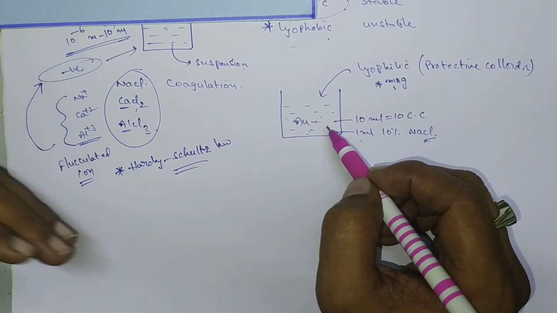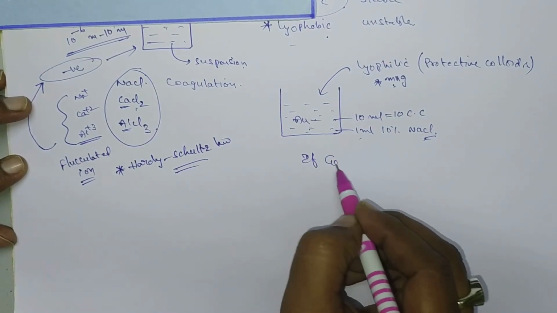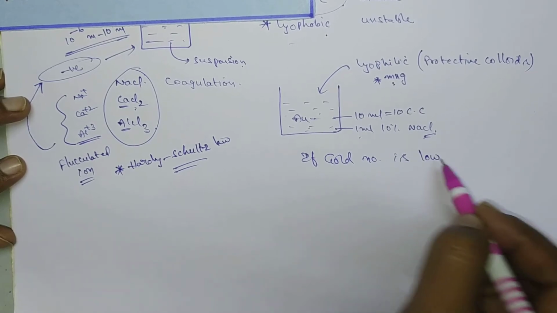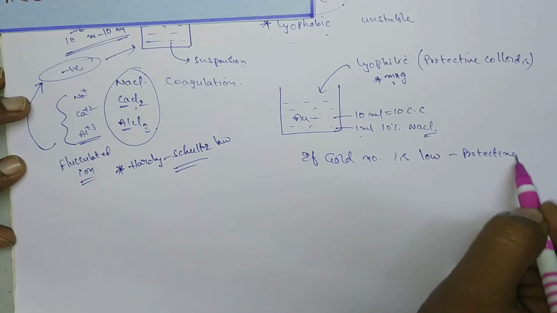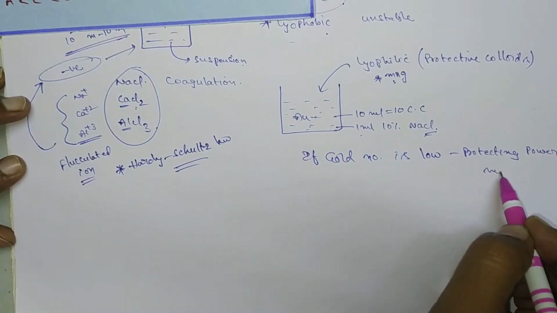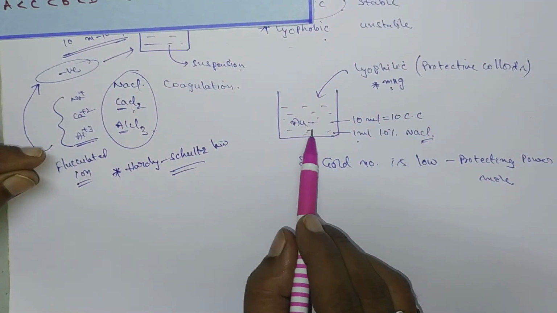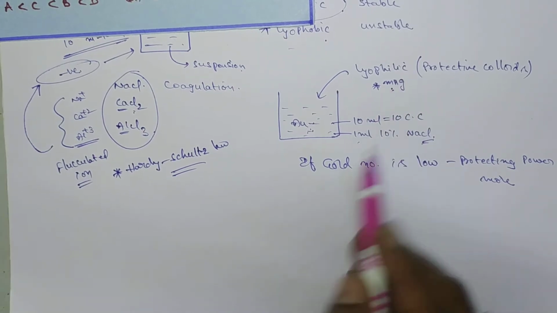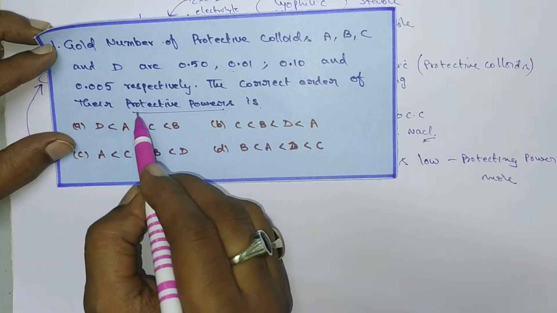So if the gold number is low, the protecting power is more. By adding less amount of lyophilic colloid, we can prevent the coagulation. That means the protecting power of this lyophilic colloid is more. Clear? So here we are asked to arrange these in the correct order of their protecting powers.